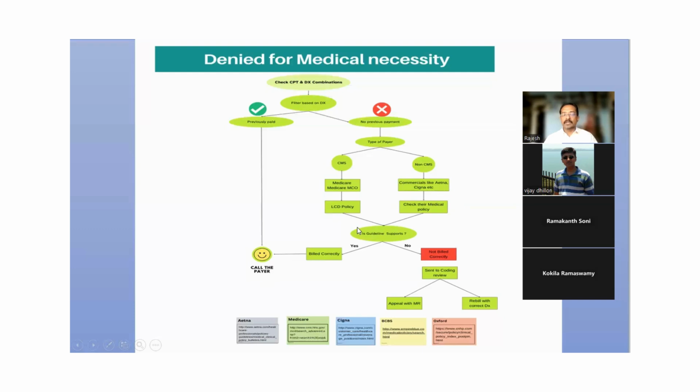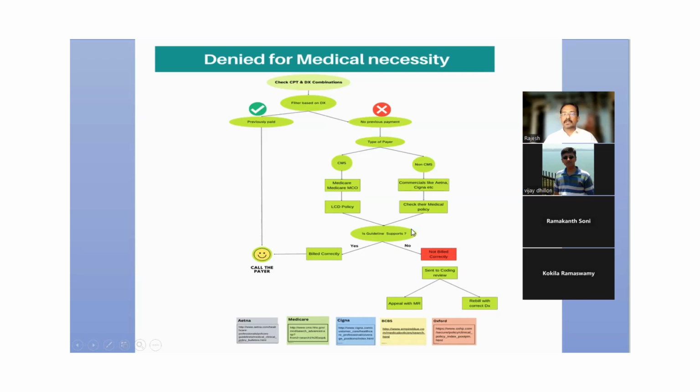When you identify that it was denied incorrectly, it may be their system glitch, so you can escalate, get it clarified, and then get it billed. For commercial payers, you have to look into their medical policy. If the medical policy says the diagnosis code is payable but they didn't pay, that is a challenge. You call them, challenge them, and send this back for reprocess.